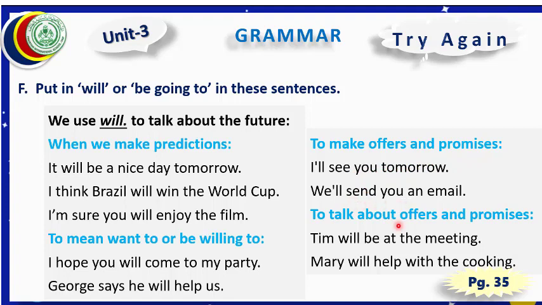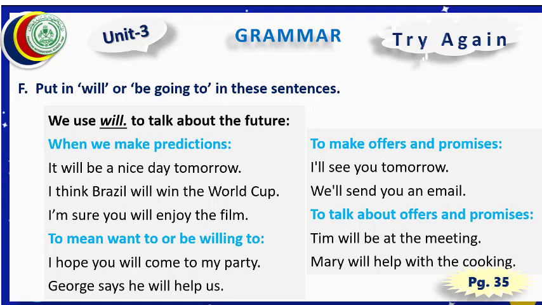Very good. The next rule is to talk about offers and promises. Tim will be at the meeting. This is a promise. We use will. Mary will help with the cooking. This is an offer. Will is used. That is okay. Dear students, we have learned 4 situations in which we use will.